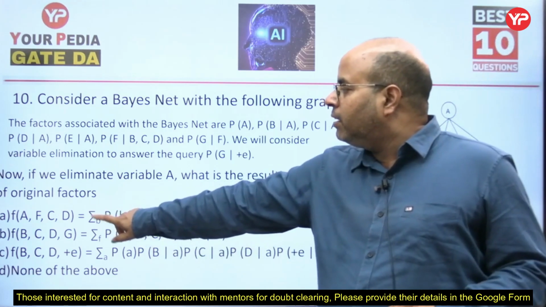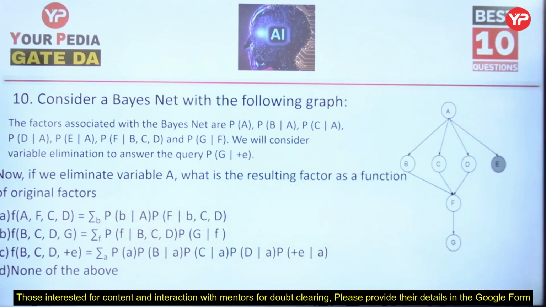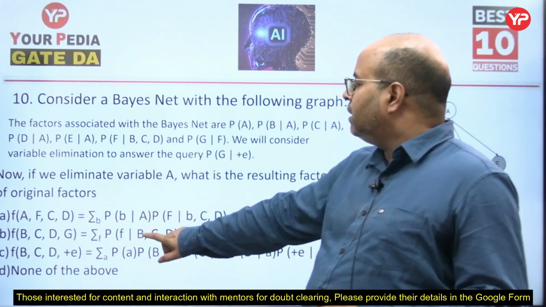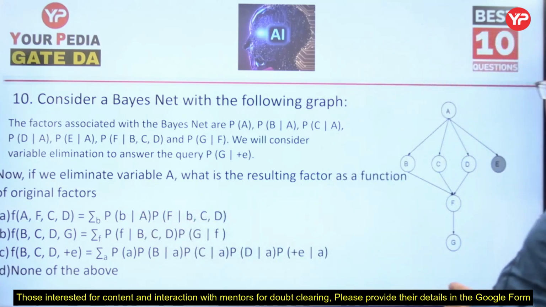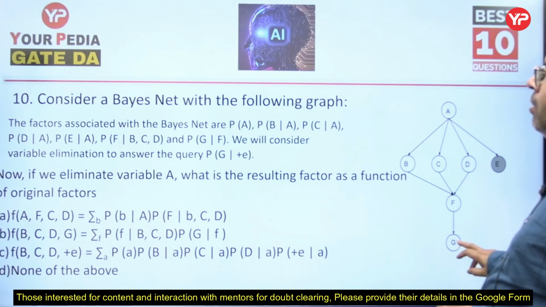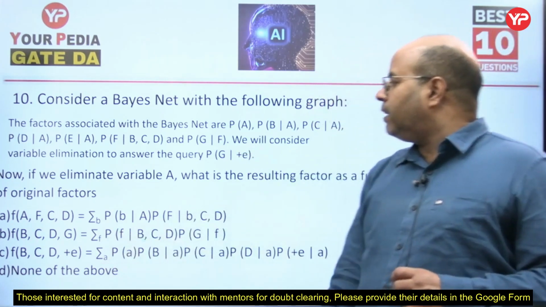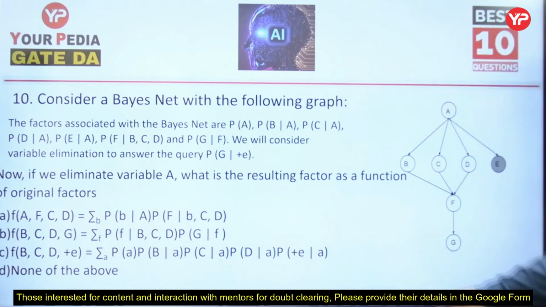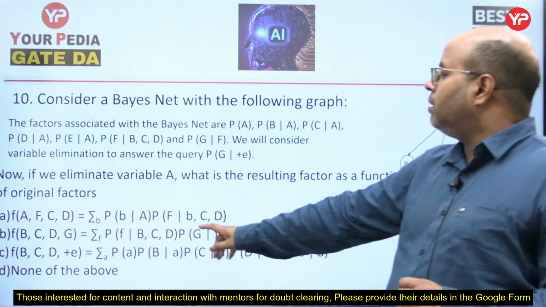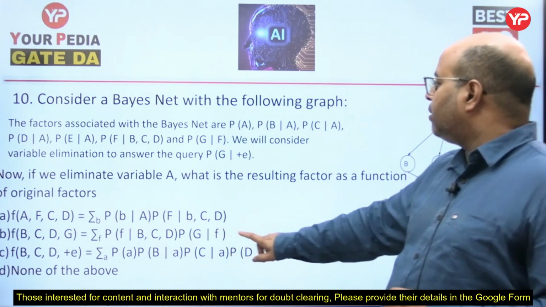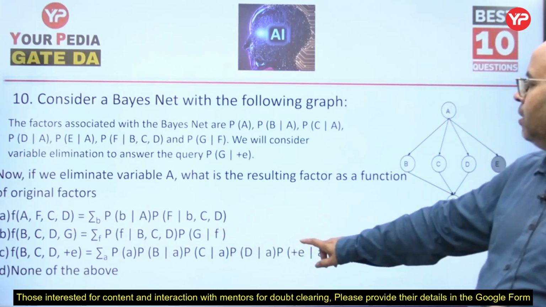Now B or C, one we have to choose. G can't be taken because the evidence is +e, so +e will be taken, and then P(A), P(B|A), P(C|A). This is the correct way of defining this.